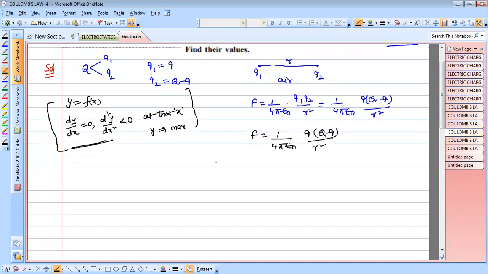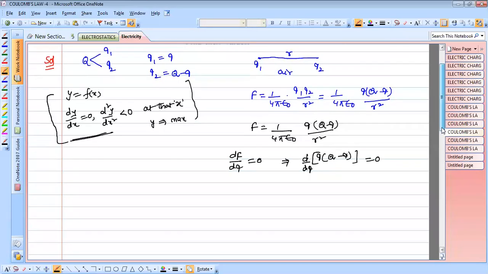That means as per the conditions, df by dq equals 0. 1 by 4 pi epsilon naught is constant, R square also is constant. So I am taking d by dq of capital Q into small q minus small q square equals 0.